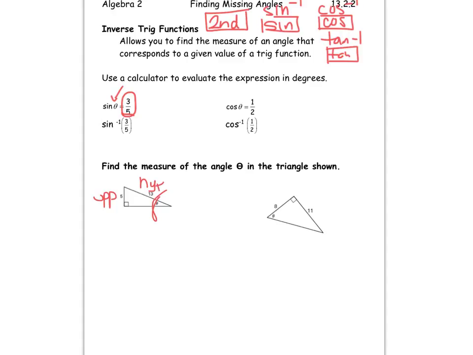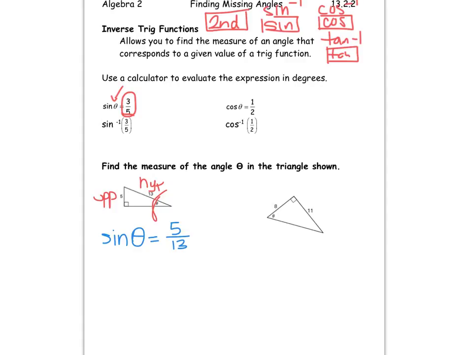And so we are given the numbers to make up the opposite, and hypotenuse makes sine. So sine of our angle is the fraction opposite over hypotenuse, which is 5/13. We could turn that into a decimal, or we could just use the fraction, that's easier.